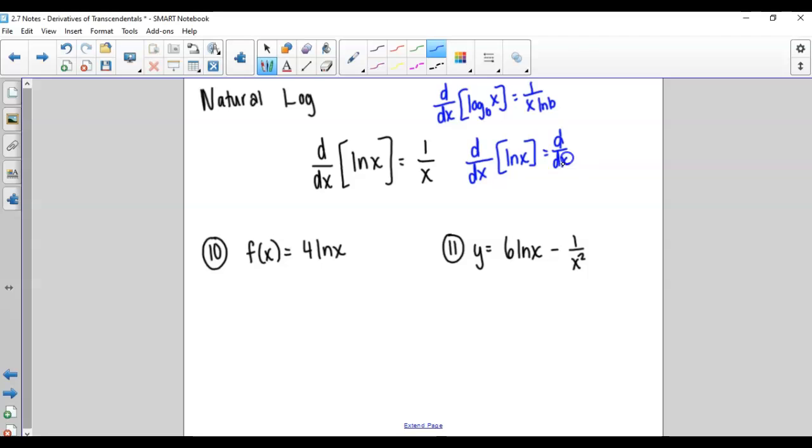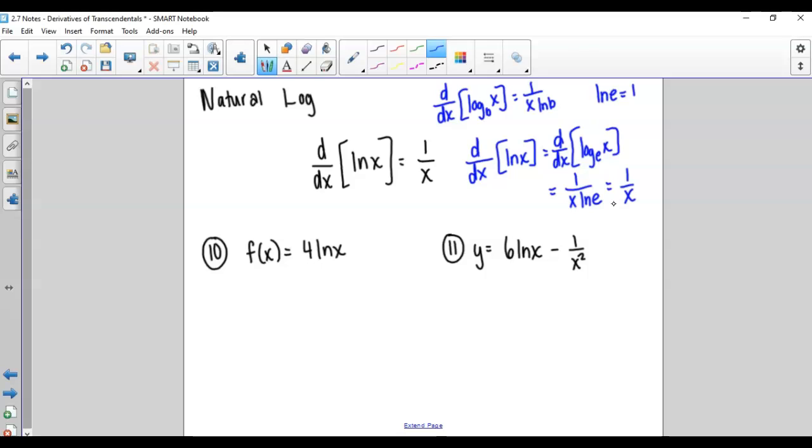We don't write it like this. It's not really correct. But that would be 1 over x times natural log of e. And natural log of e equals 1.